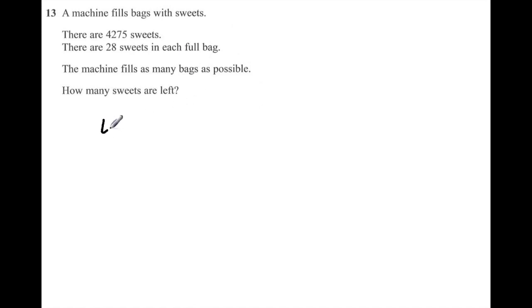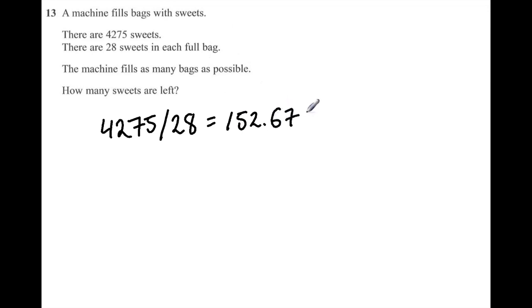So 4,275 divided by 28 equals 152.6785714. So we know that the machine is going to fill 152 bags.